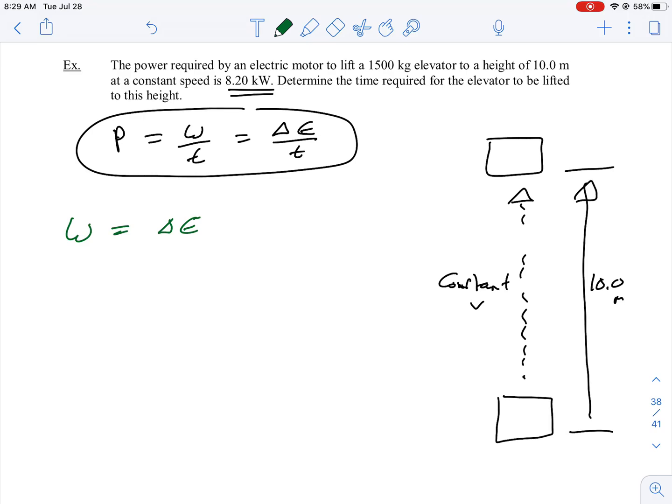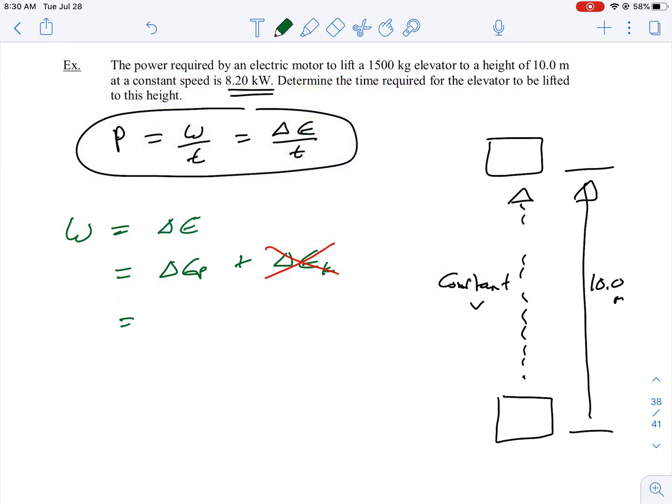Well, what kind of energy is changing? There's no doubt there's a change in height, so there'll be a change in potential energy. And you might be tempted to say, well, hey, there's speed, so there's also going to be a change in kinetic energy. Now, you're right that there's kinetic energy, but to change, the speed has to change. But this is going at a constant speed, which means there's no change in kinetic energy. So all we have is simply change in potential energy.